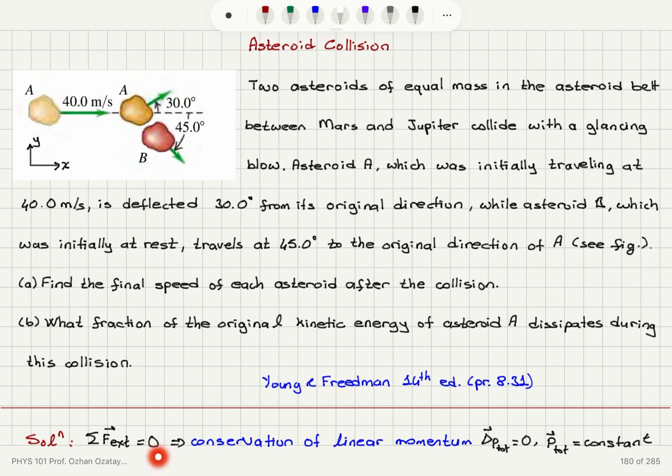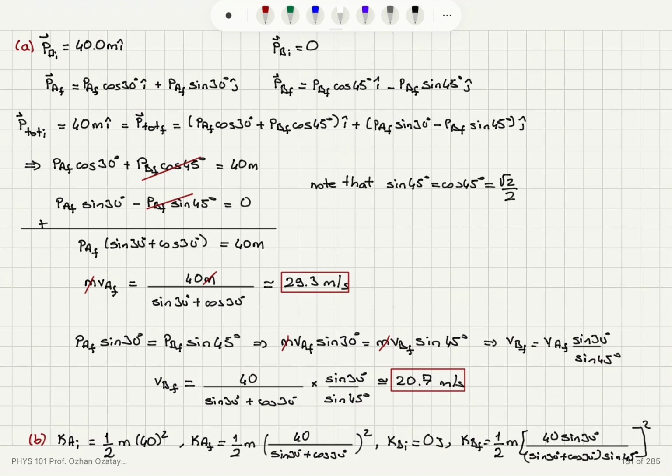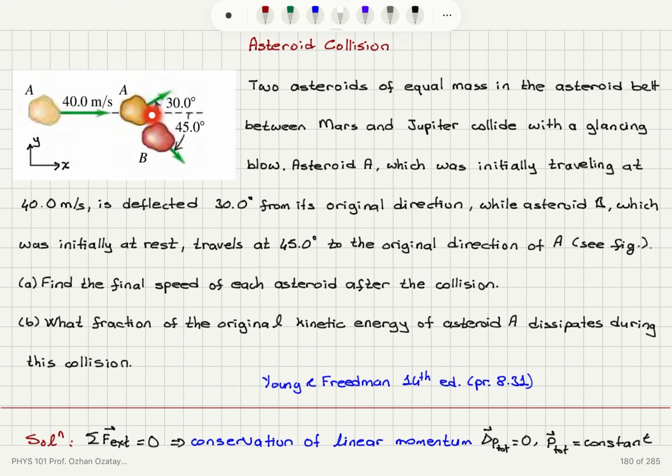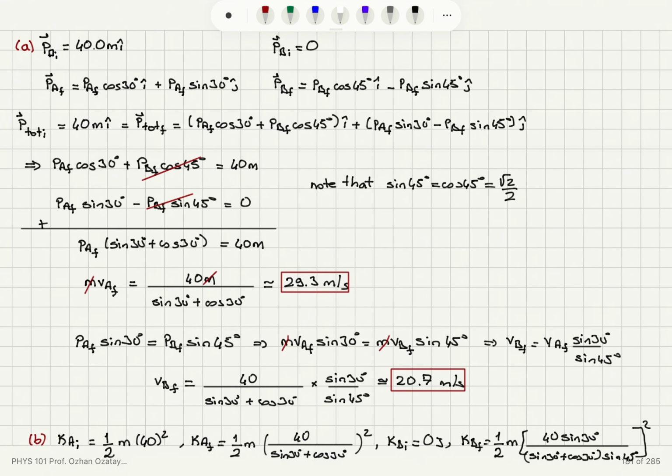First, we note that the net external force acting on the system is 0, therefore linear momentum must be conserved. So what we need to do is write the total linear momentum initially and finally. Initially it's 40m i hat plus 0. Finally we have the final linear momentum of A, magnitude multiplied with cosine 30 i hat plus sine 30 j hat.